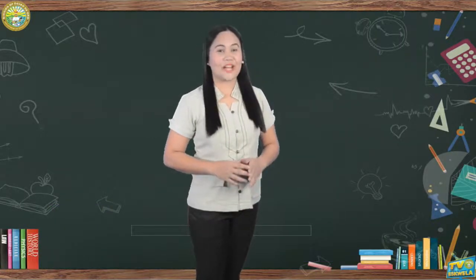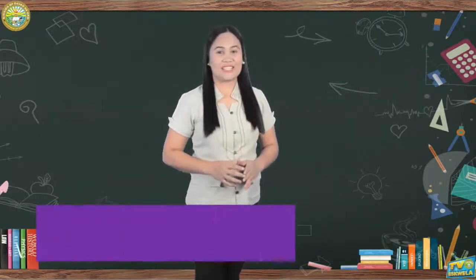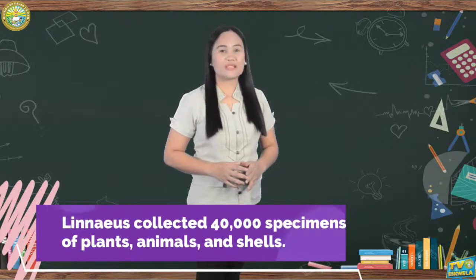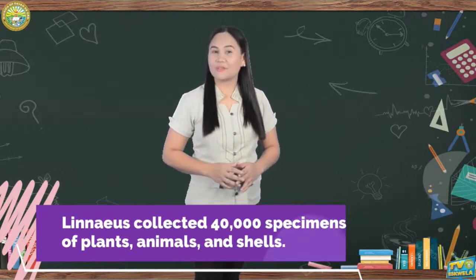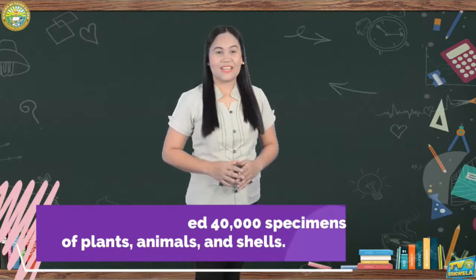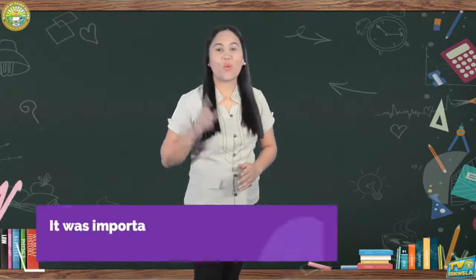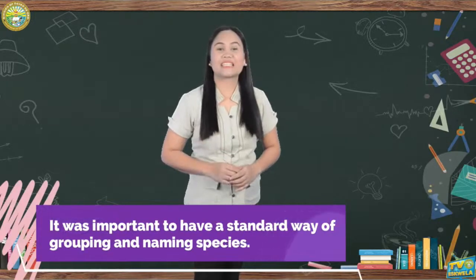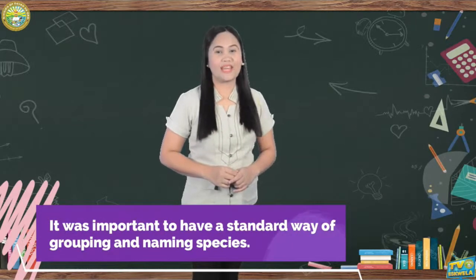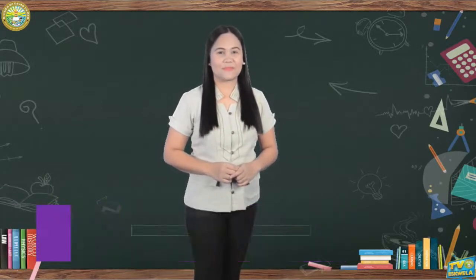During his lifetime, Linnaeus collected 40,000 specimens of plants, animals, and shells. He believed that it was important to have a standard way of grouping and naming species.